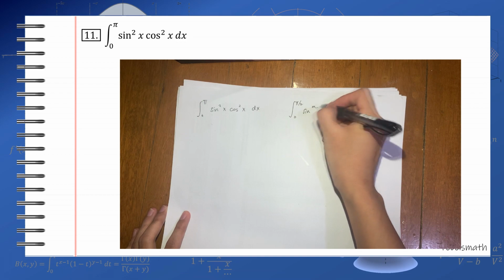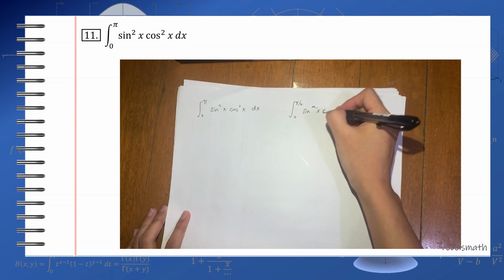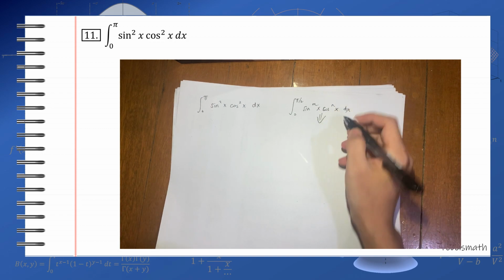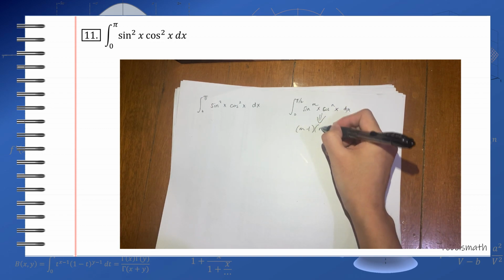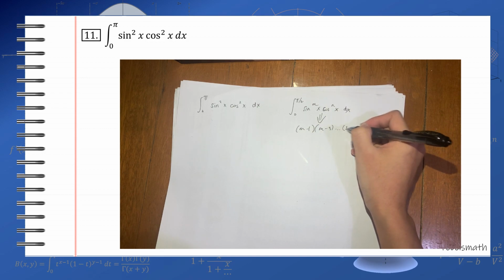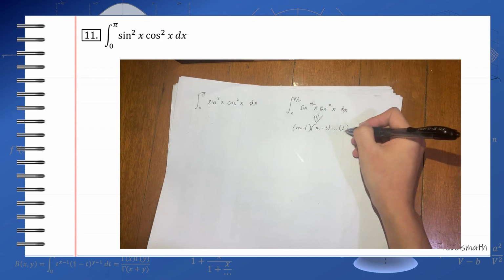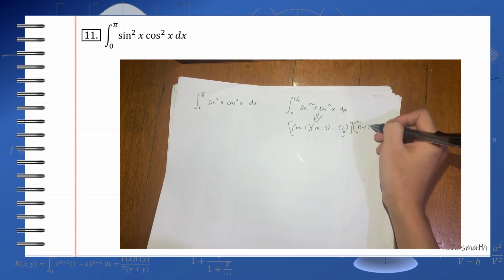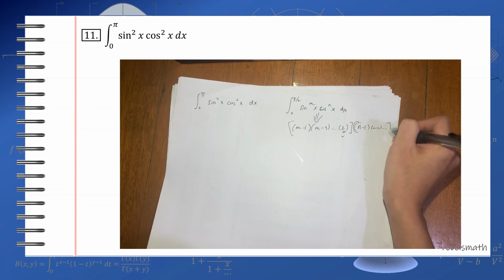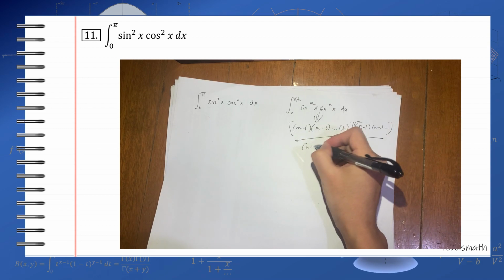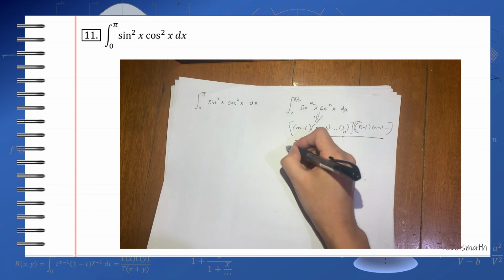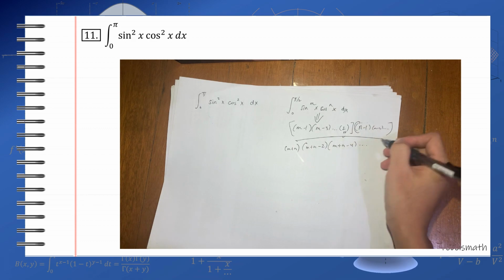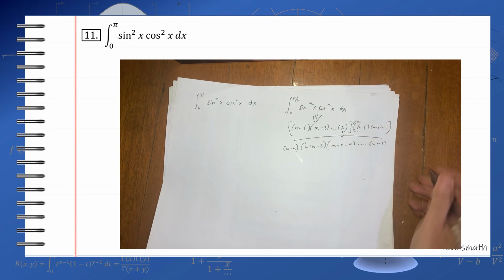So it looks like this: the integral of sine to the m x cosine to the n x dx is equal to (m minus 1)(m minus 3) and so on until 1 or 2, and then the same applies for n minus 1, n minus 3 and so on, over (m plus n)(m plus n minus 2)(m plus n minus 4) and so on until 2 or 1.